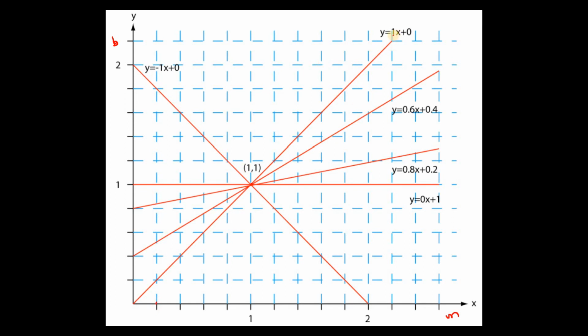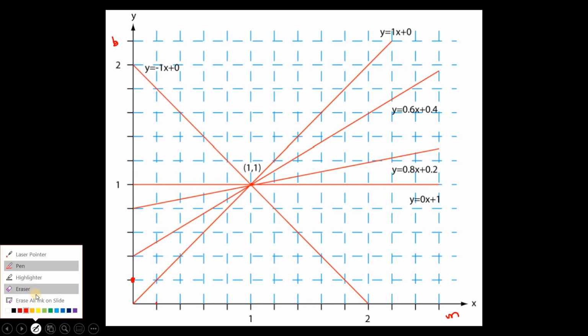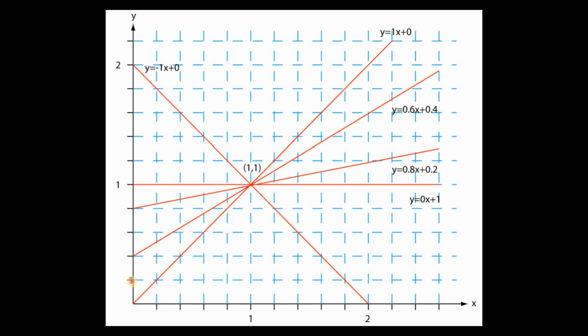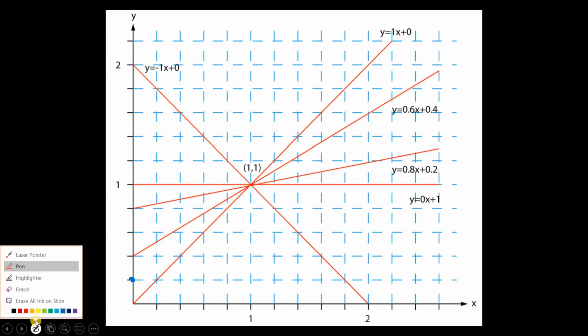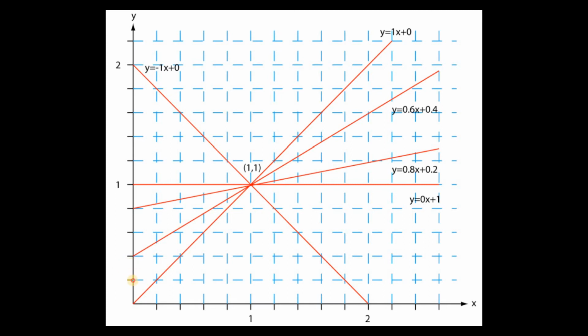In that case, I will take this one. M is 1 and B is 0. So this is my point number 1. And let me change the color. I don't want to use any color that's already on the slide. Maybe green.